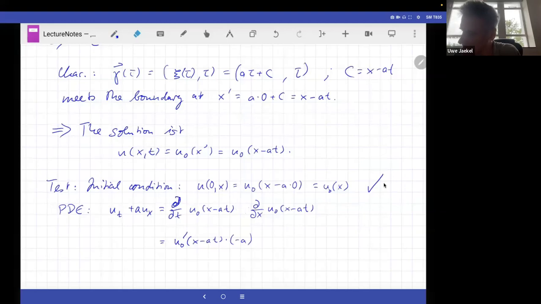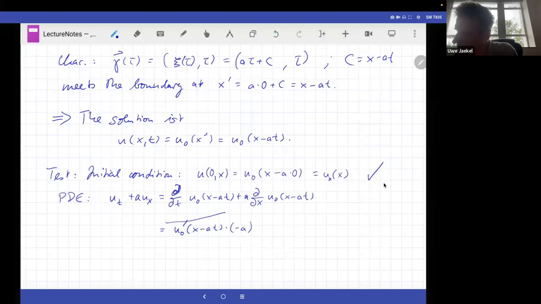So this is the first part, and the second part: we have to add a times the derivative with respect to the x variable, and this is u0 derived at x minus at, times the inner derivative, which is just 1.